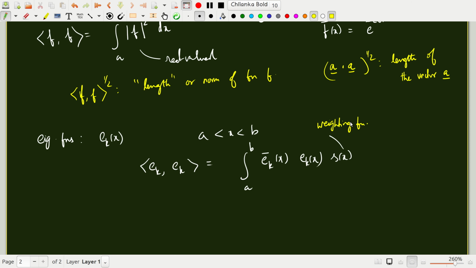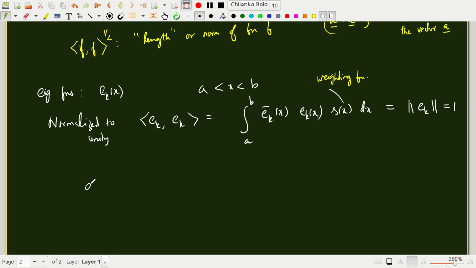Usually for Cartesian coordinate systems this is unity, but in other coordinate systems you will have some function times dx. In general if I multiply an eigenfunction with itself, it will give you some real number, because you are multiplying the function by its conjugate and integrating. But if you have normalized this function to unity, then the inner product of a function with itself will give you unity.